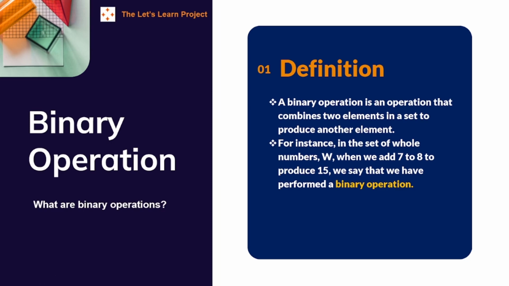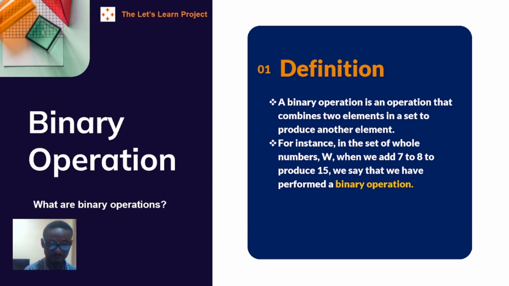These operators are called binary operators because they combine two elements or two terms always to be able to produce another term. So the reason why we call them binary operators is because these operators always operate on two terms.